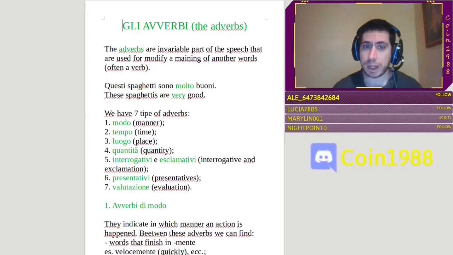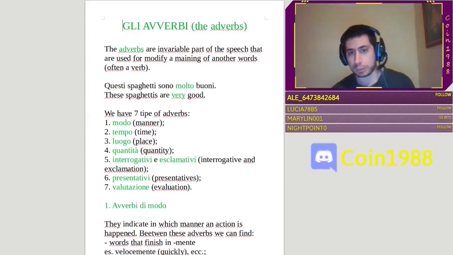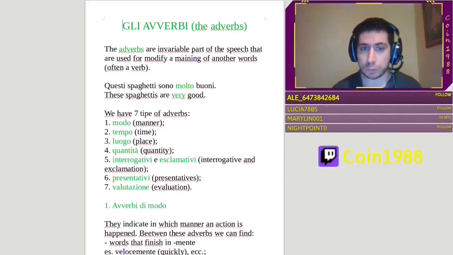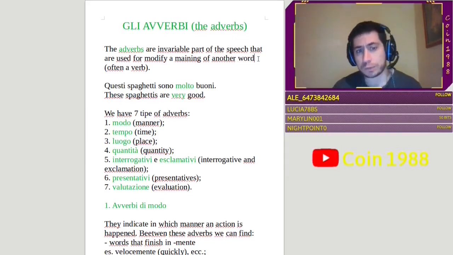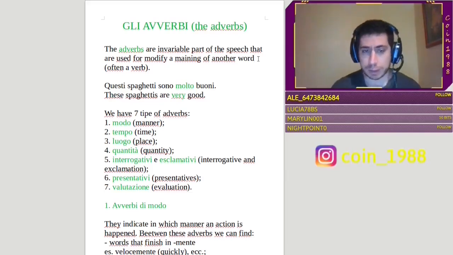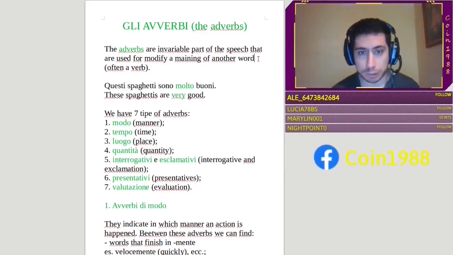The lesson is gli avverbi, the adverbs. The adverbs are an invariable part of speech that are used to modify the meaning of another word. Often this word is a verb. For example, we have the phrase questi spaghetti sono molto buoni.